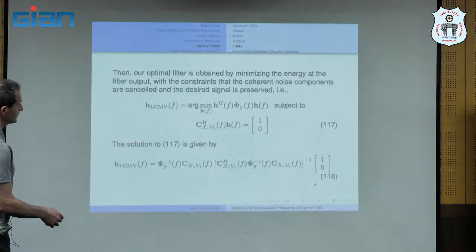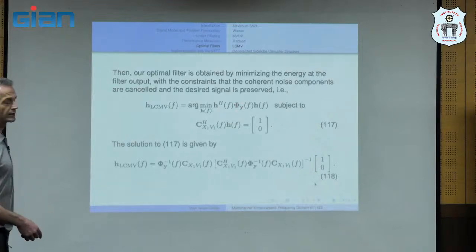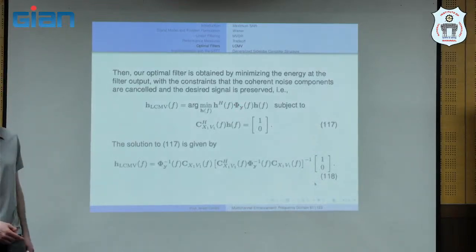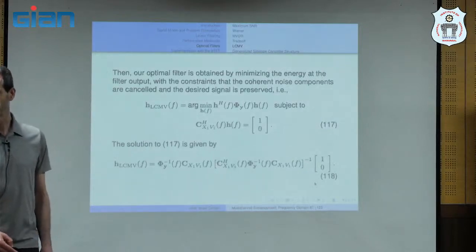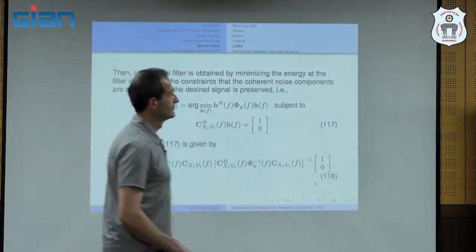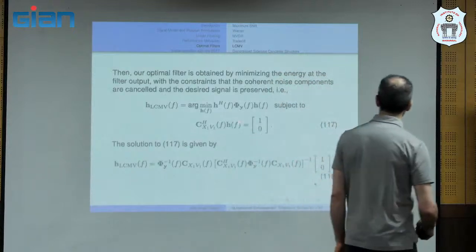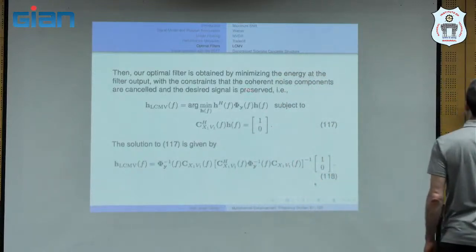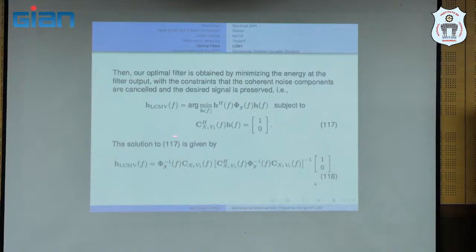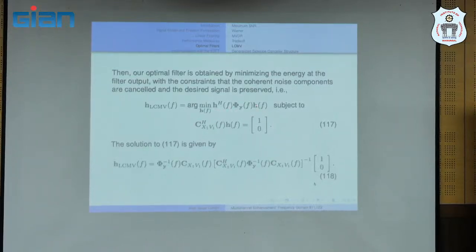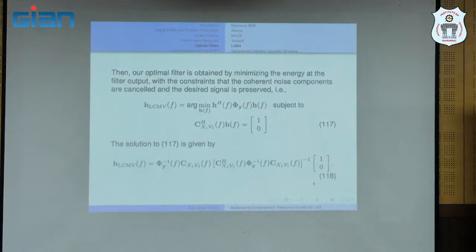Actually, here, instead of variance of the noise, I can put phi_y instead of phi_v. Do you agree or not? The same. Why is it the same? Subject to the constraint. So here, I can put phi_y. Why is it true instead of phi_v?